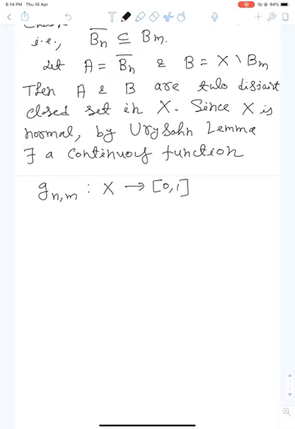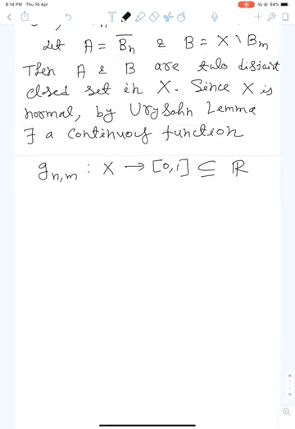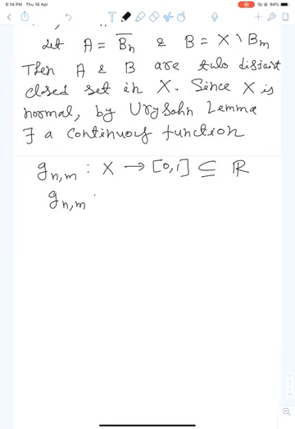Since it is a function from X to [0,1], we can consider it a function from X to R as well, such that g n,m on A equals 1 and g n,m on B equals 0.